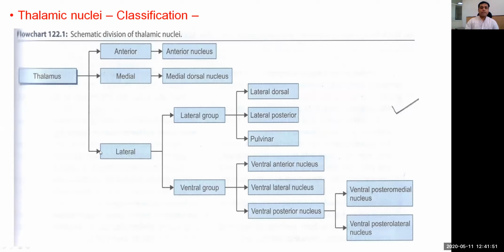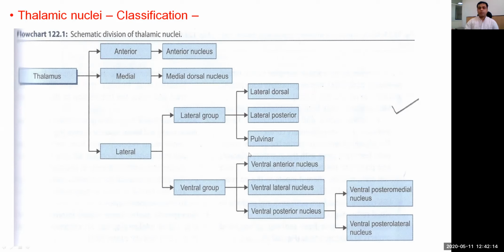There are different nuclei in the thalamus. The classification is shown in this particular diagram. It mainly has anterior, medial, and lateral nuclei. The anterior group of nuclei together is called the anterior nucleus. Medial, it has the medial dorsal nucleus. Lateral, there are the lateral group and the ventral group.